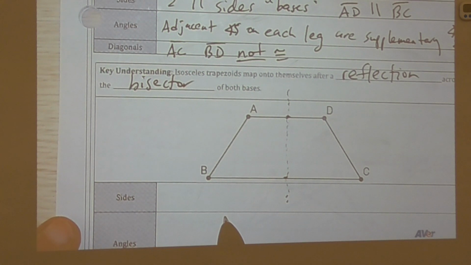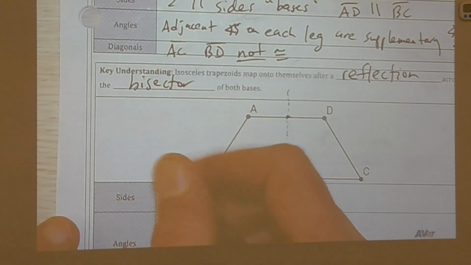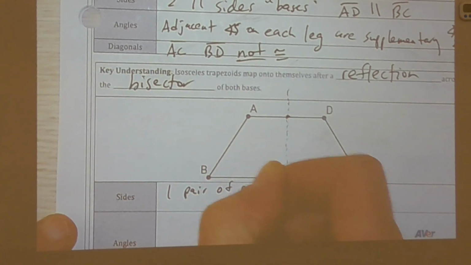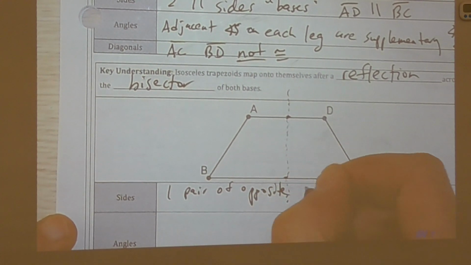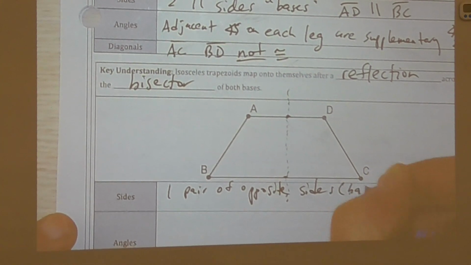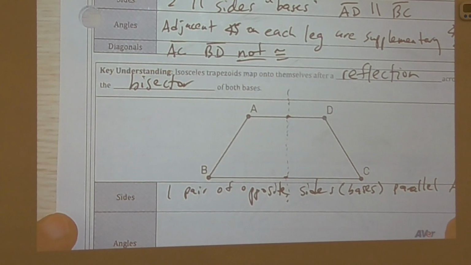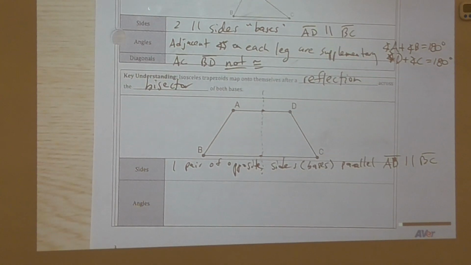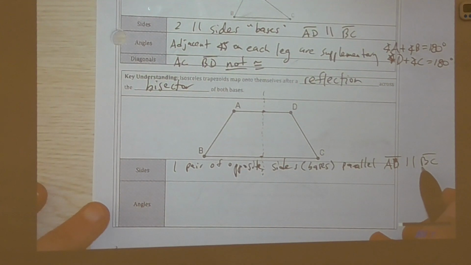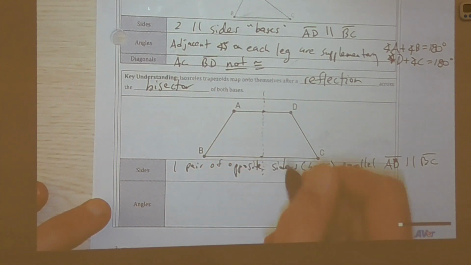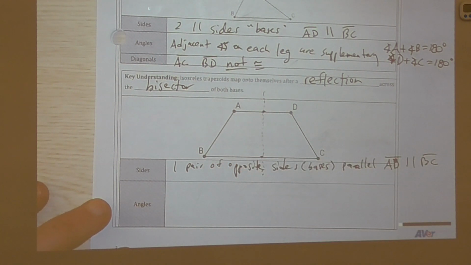So the sides of an isosceles trapezoid, one pair of opposite sides, the bases, are parallel. That's AD parallel to BC.